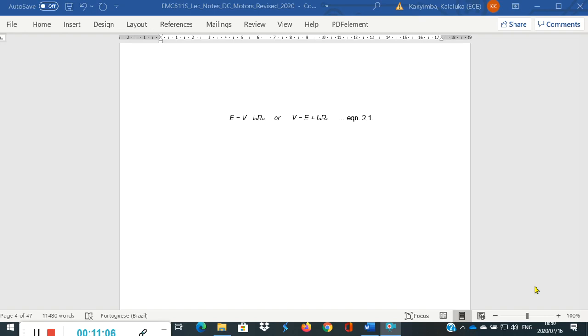The brush resistances may be taken separately, if quite substantial, or they may be lumped in the armature resistance. An alternative is to look at the effect of the brushes in terms of the voltage drop across the brushes and not in terms of the resistance. Either way, we come to the same thing.